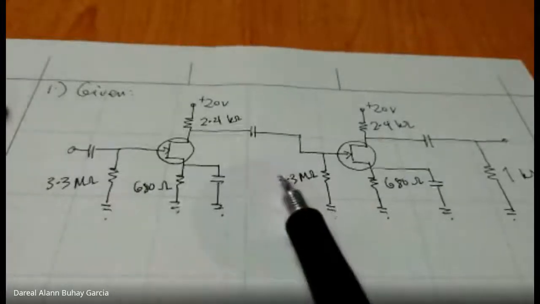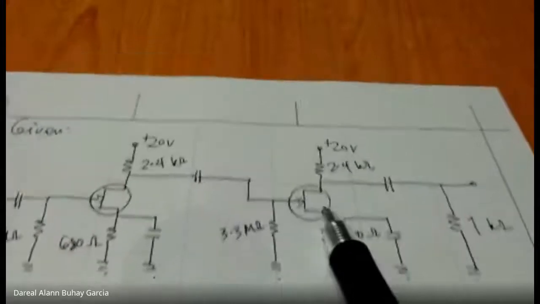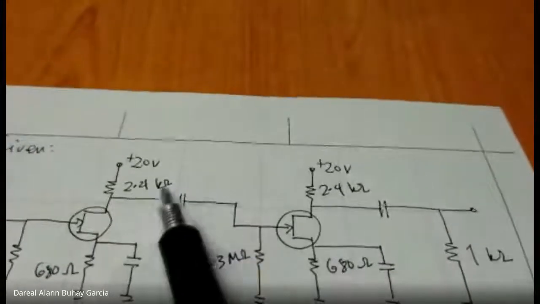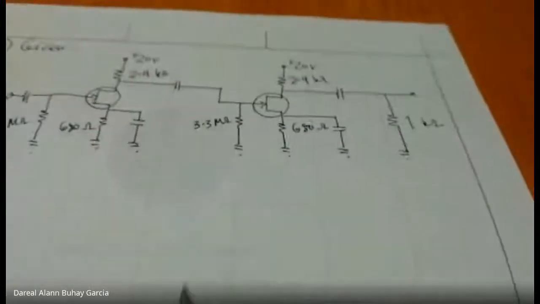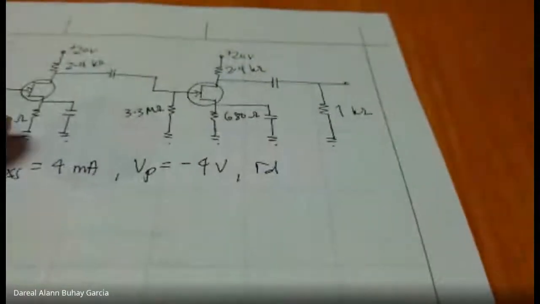Rg is 3.3 mega ohms, Rs is 680 ohms, and Rd is 2.4 kilo ohms. Device parameters, IDSS is 4 milliamperes, Vp is -4, and small rd is 30 kilo ohms.